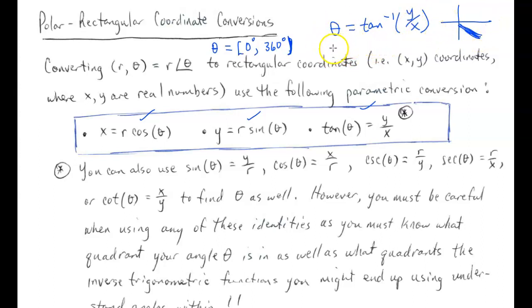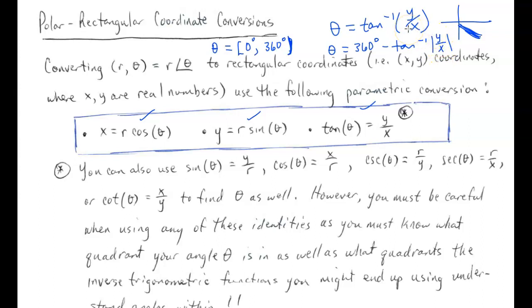When we have a situation like this, if our angle is in quadrant 4, what we would have to do is say that our actual angle is going to be 360 minus tangent inverse of the absolute value of y divided by x.